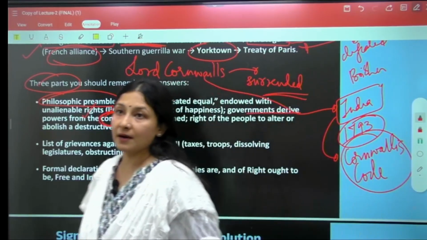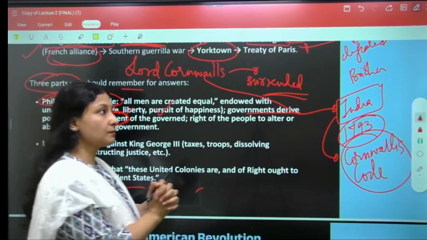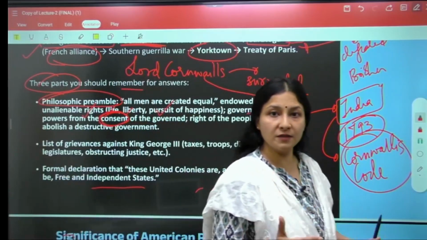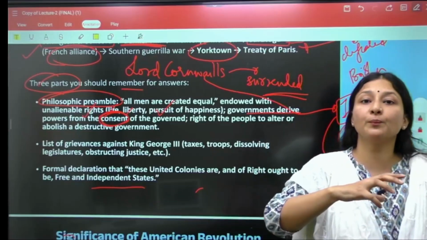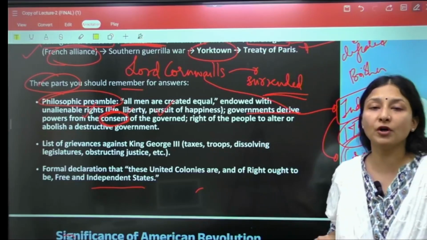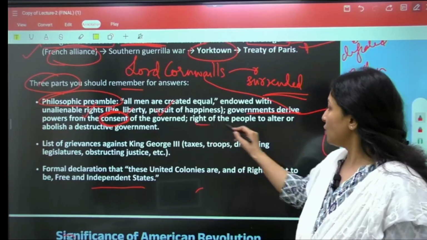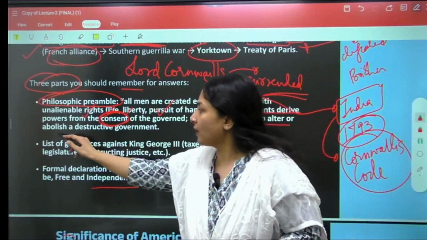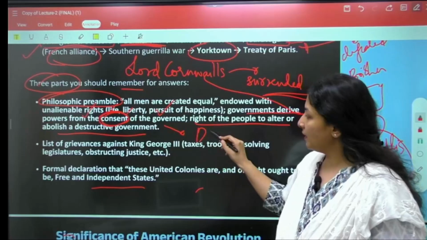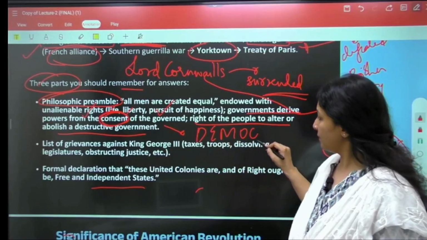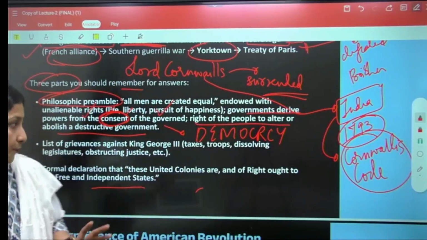We have read this word consent in the popular sovereignty term, where it is the collective will of the people who give the power to the government, not the other way round. The right of the people to alter or abolish the government. Do you see the hints of democracy which are observed over here?